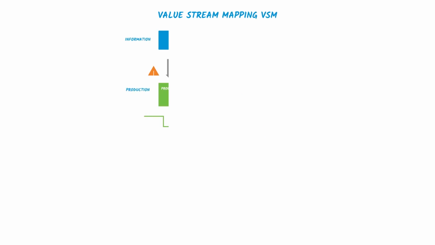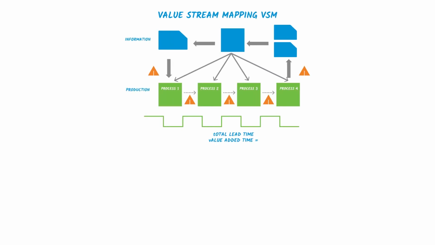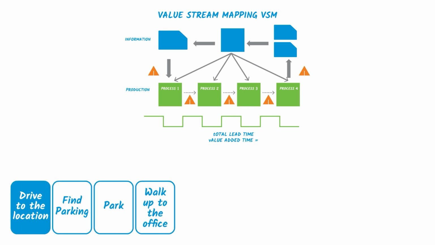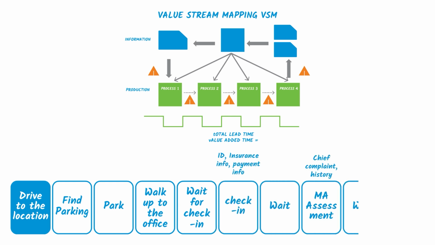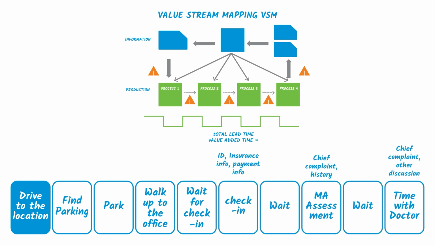Now the mapping of a value creating process visually is called value stream mapping. Like the name suggests, here we literally map the flow of customer value as it flows through the value stream end to end, from the very first step in that value creation process to the last step where the customer receives the value the customer is looking for.